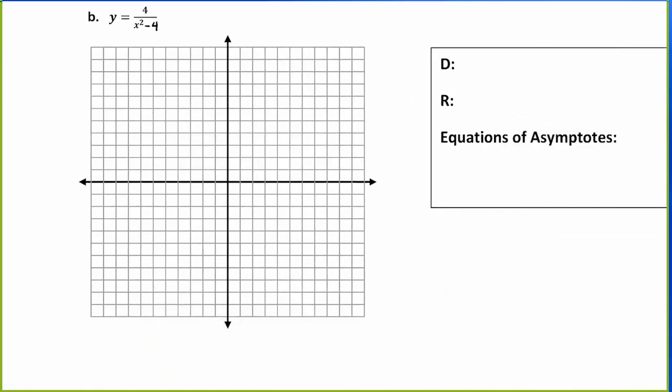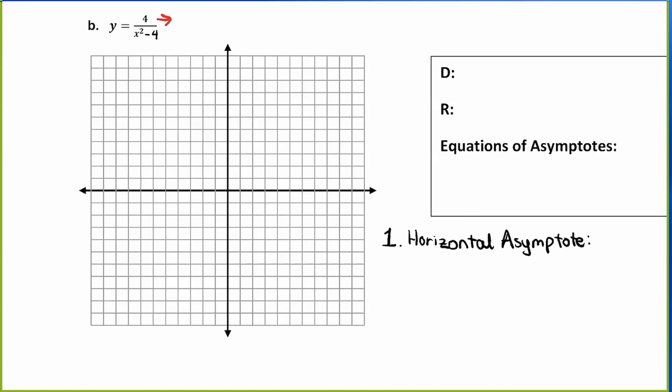So again, we're going to start out with that horizontal asymptote, and today they're always going to be the same. So a horizontal asymptote. And your n here is 0. Your n is 2. Your n is almost always going to be 2, because if I'm asking you to factor the bottom, I don't really want to give you like a cubed or a fourth power or a fifth power.